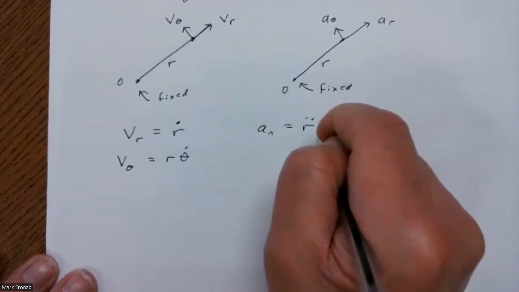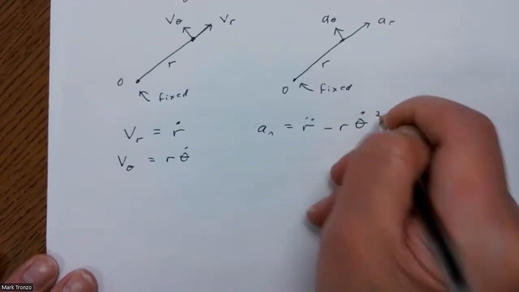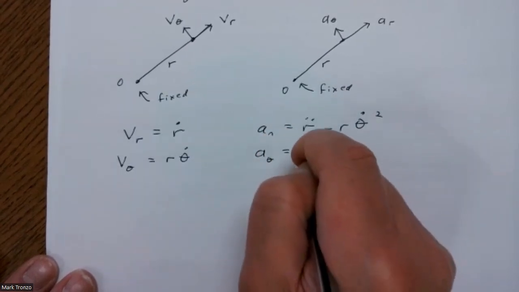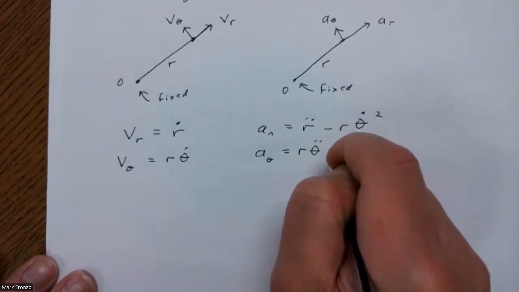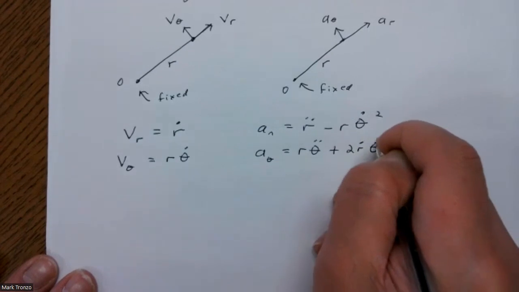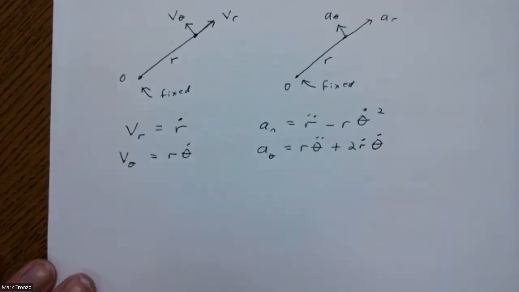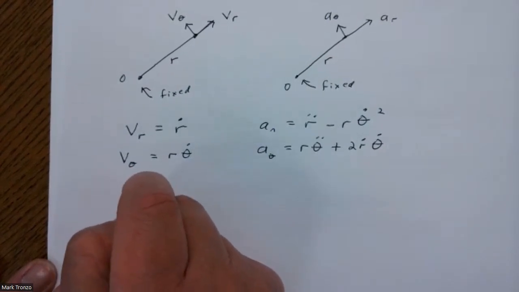You'll see when we do problems it'll be a little clearer how we use these. A theta is r theta double dot plus 2 r dot theta dot.